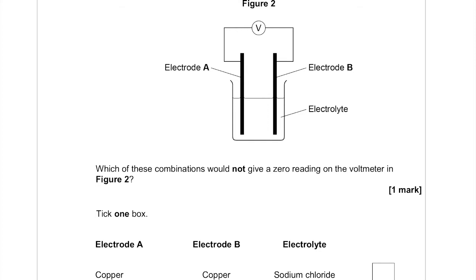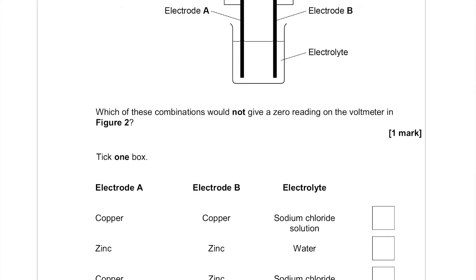Basically you want to find a situation where the 2 electrodes have a different reactivity and the electrolyte can carry the ions. That rules out the first and the second one, because copper and copper have the same reactivity, and zinc and zinc have the same reactivity, so they are not right.